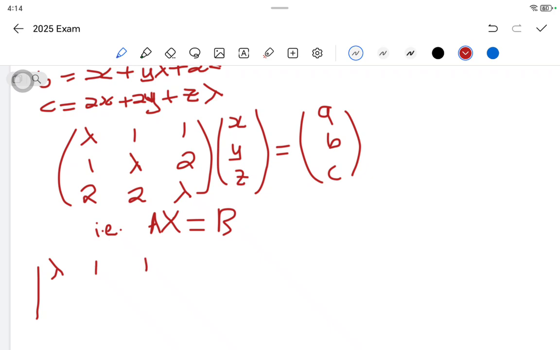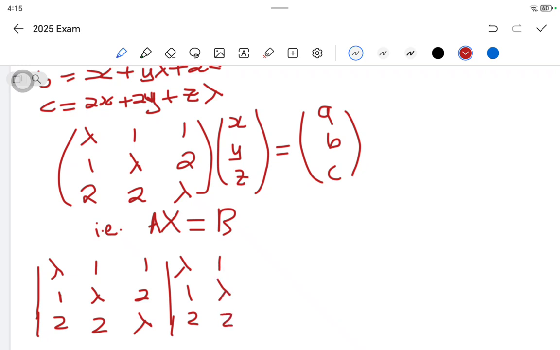We have to remember the determinant must not be equal to 0 for this to be a basis. And they're looking for those values of lambda for which this is going to be a basis. So we're just going to have this: lambda 1 2, 1 lambda 2.